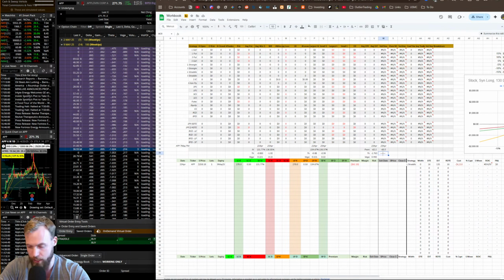Our total theta is minus 210. Our vega is at 0.44.